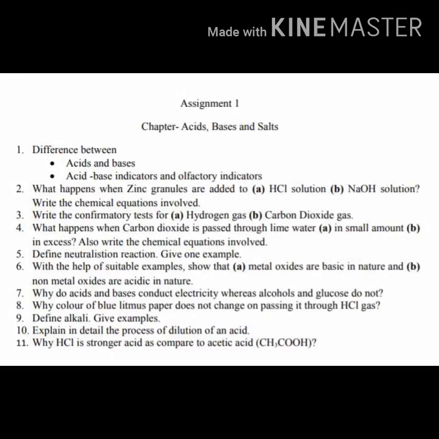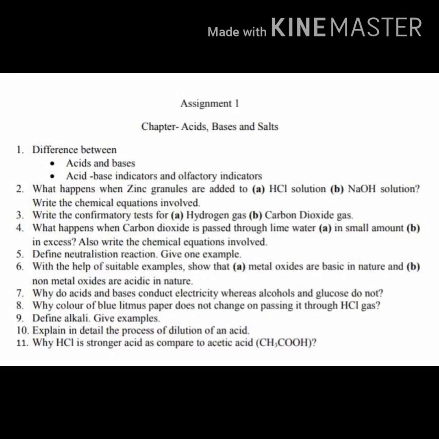Now come to question number 6. With the help of a suitable example, you have to show that metal oxides are basic oxides and non-metal oxides are acidic. Students, come to the basic oxides. When you treat calcium oxide with HCl, it results in the formation of CaCl2 plus water. This is an example of neutralization reaction, which shows that metal oxide, that is calcium oxide, is basic in nature.